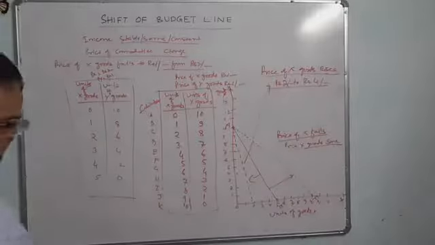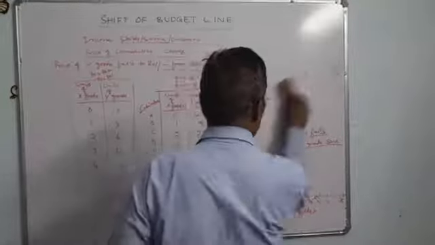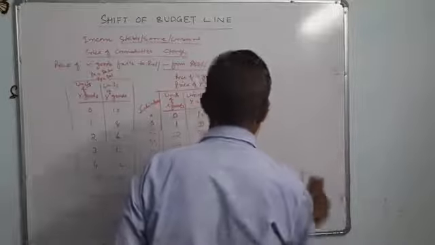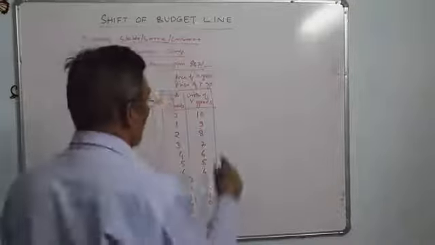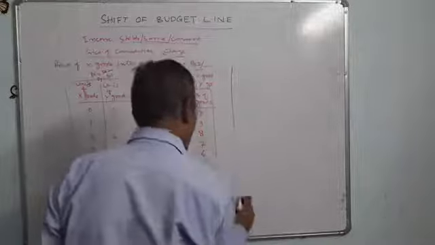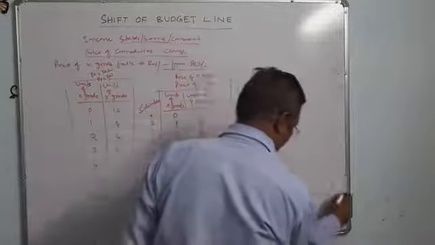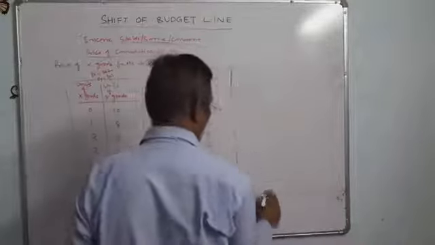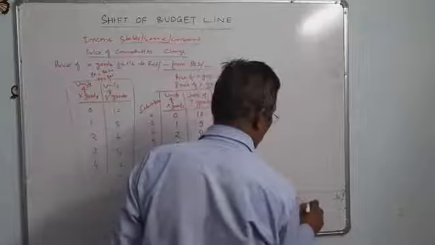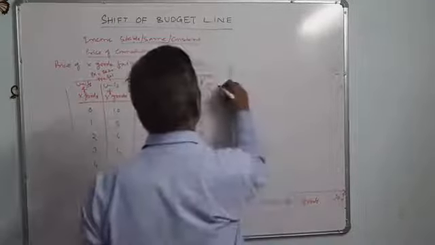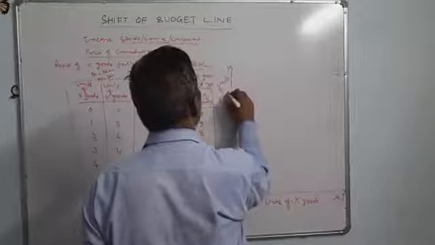Similarly, if the Y goods price falls, then consider units of X goods and units of Y goods.